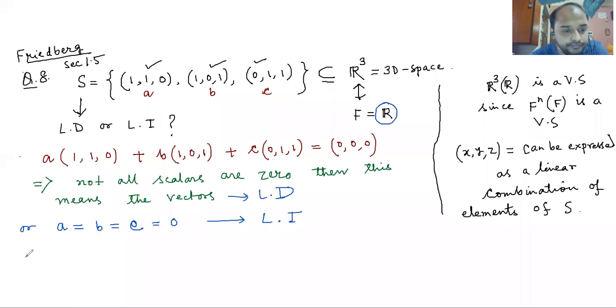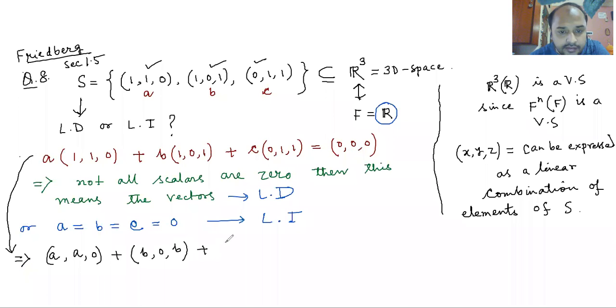Now I'm writing directly from this particular step. If I consider this linear combination to be zero, then we apply the coordinate-wise scalar multiplication first, as discussed in the first chapter, and this is equal to 0.